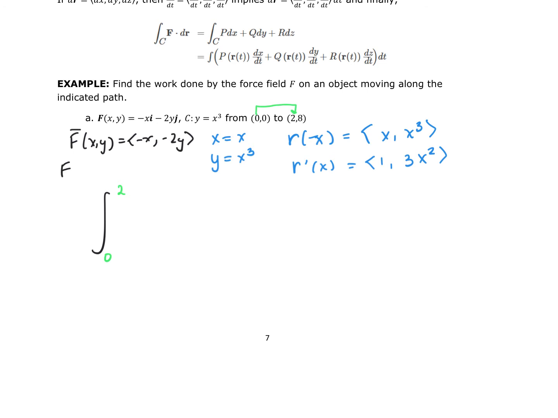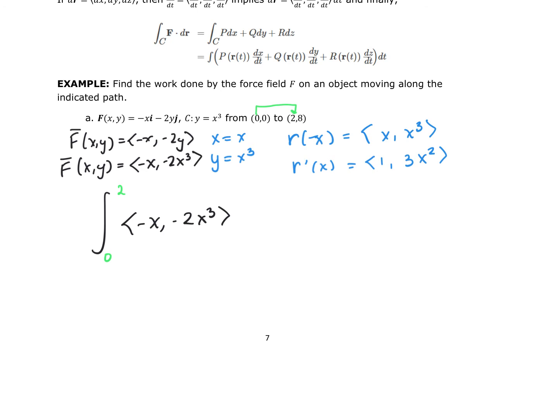So then this f of x comma y is going to be negative x, negative 2x cubed.